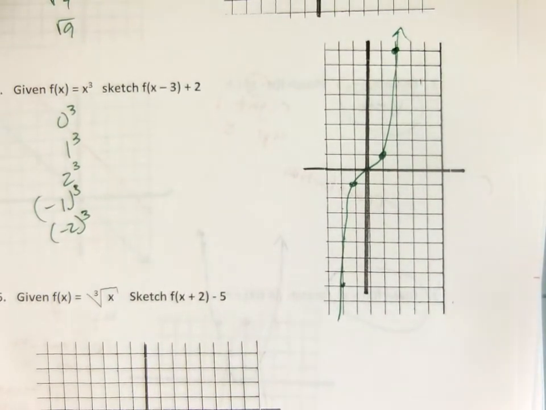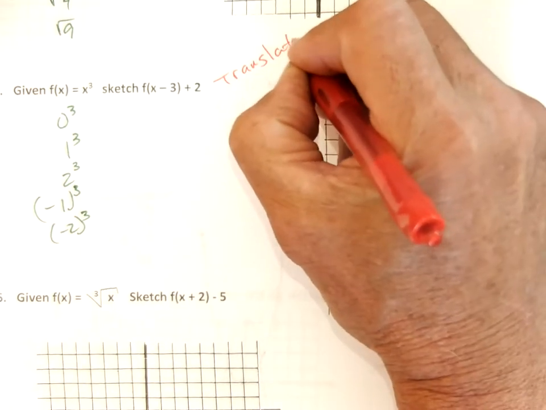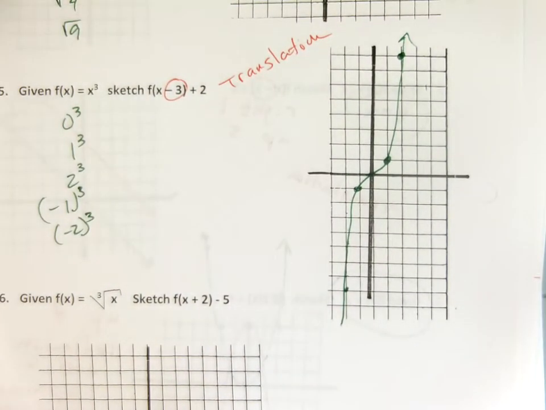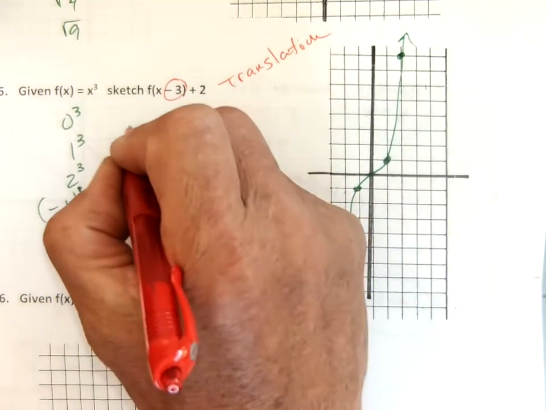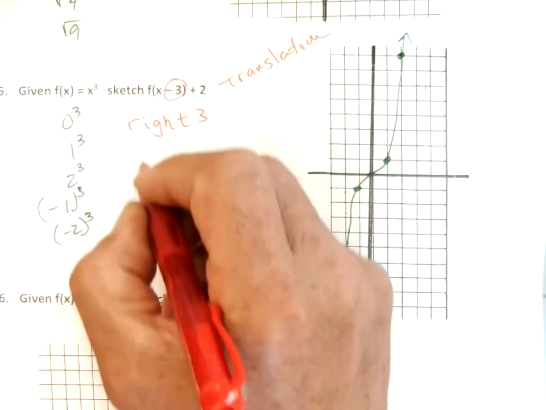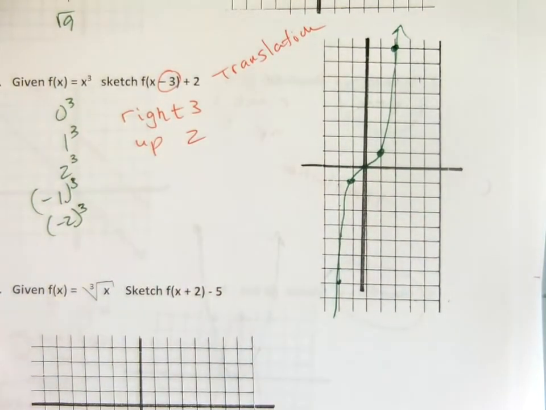We're going to move it. We're going to do a translation. We're going to move it to the right 3. And we're going to go up 2. Okay, so I can grab any point, but I think the easiest point to grab is the one at the middle. Okay? And I'm going to move the whole thing. So I'm going to grab this.